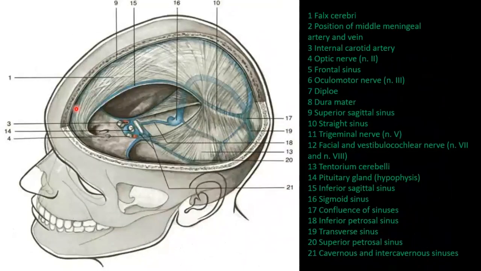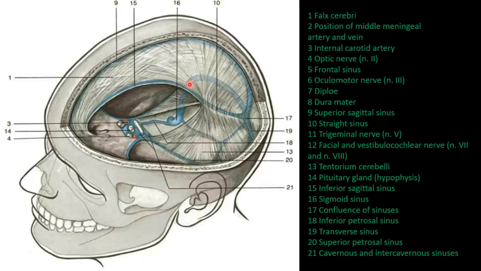Now, here they are. Here is your superior sagittal, inferior sagittal. It will combine here with the great cerebral vein of Galen to form the straight sinus. Okay, here you have your transverse sinus. Then this is your superior petrosal sinus here. It will join the transverse sinus where it will end.